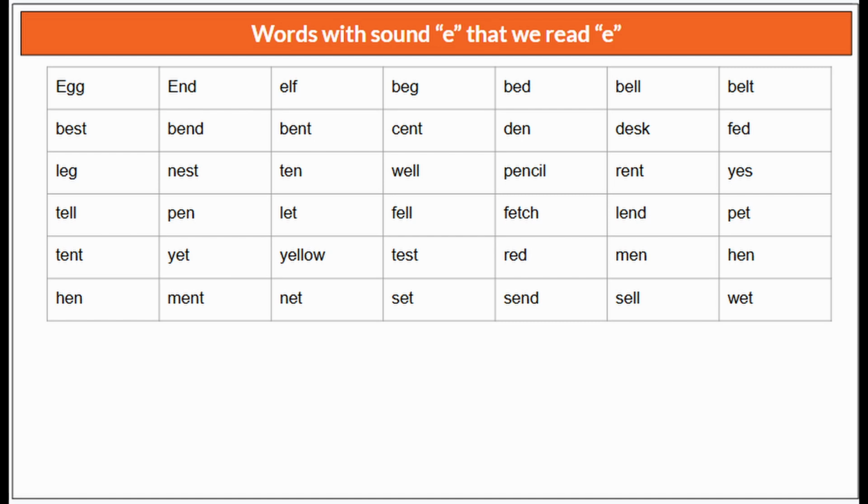So if you need to know the meaning of these words together with the examples, I will try to make another lesson on it.